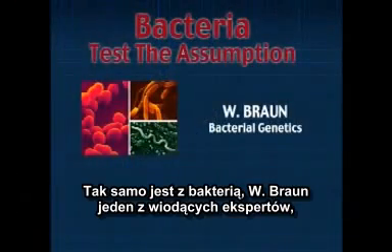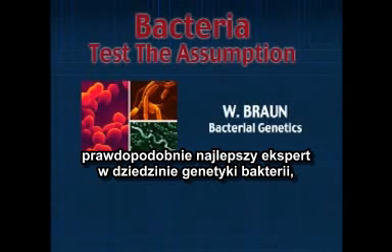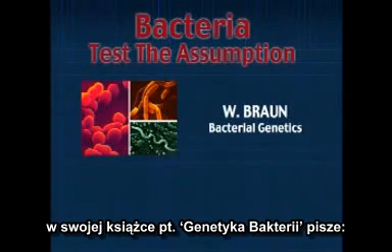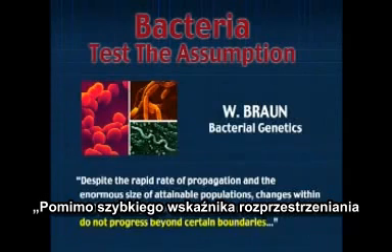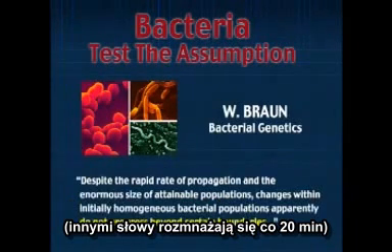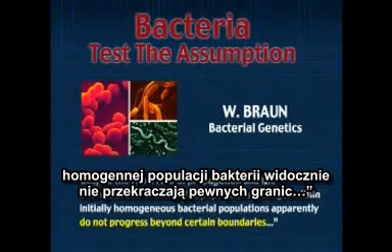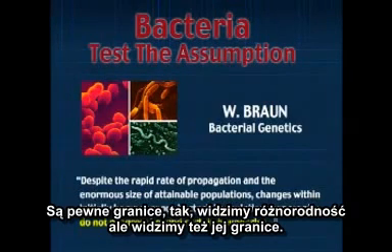Werner Braun, one of the leading experts, probably the leading expert in bacterial genetics in the U.S., in his book Bacterial Genetics, says the rapid rate of propagation, in other words, they reproduce every 20 minutes, the enormous size of attainable populations, changes with an initially homogeneous bacterial population apparently do not progress beyond certain boundaries.